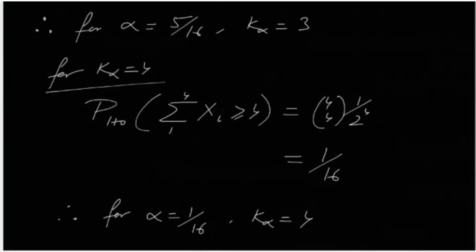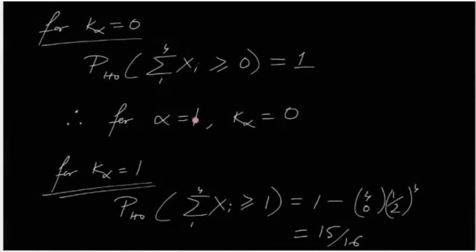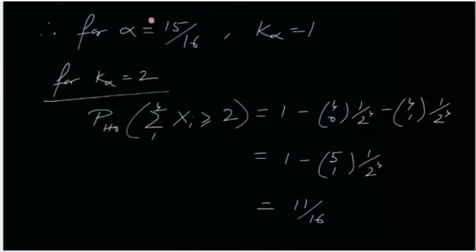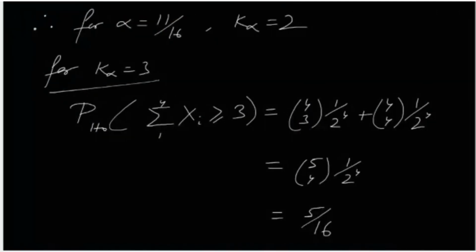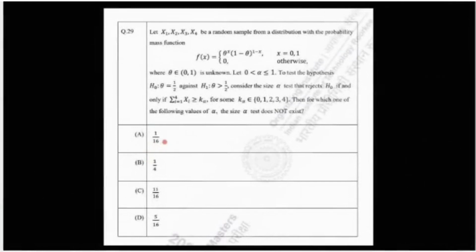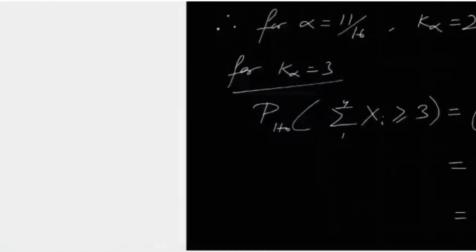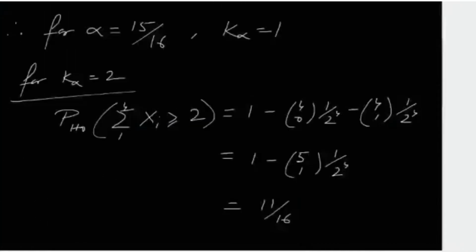As you can see, if we had set alpha equal to 1, we would have gotten k alpha equal to 0. For alpha equal to 15 by 16, we would have gotten k alpha equal to 1, and so on. So these values of alpha are possible. 1 by 16 is possible, since for alpha equal to 1 by 16, k alpha should be 4.